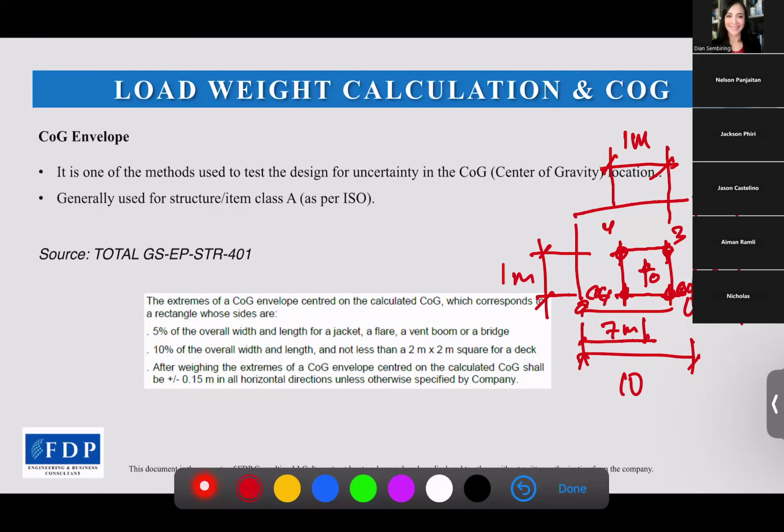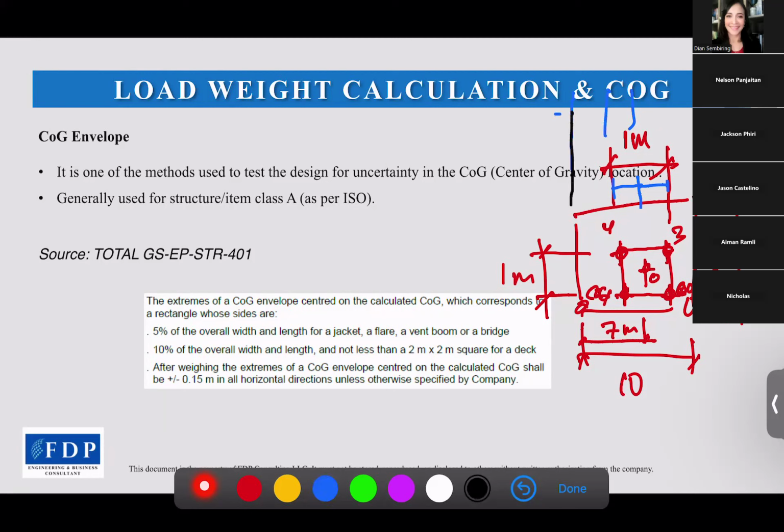So if it's 7 meters here, then COG1 will be 6.5 to the COG1 and 4... 6.5.